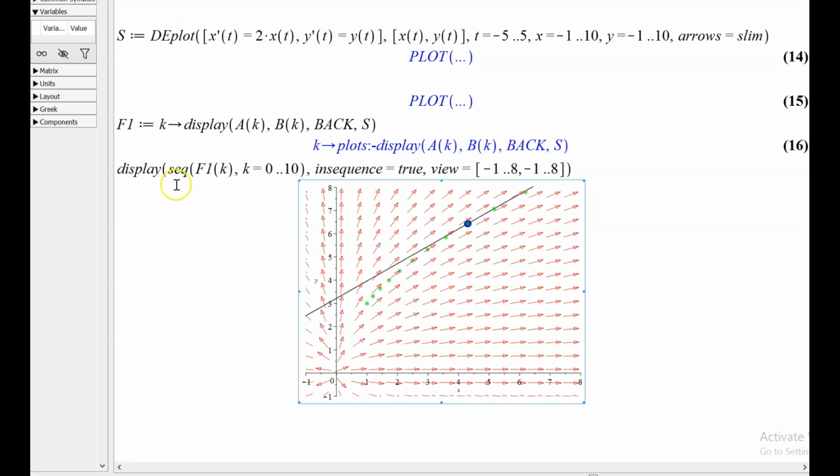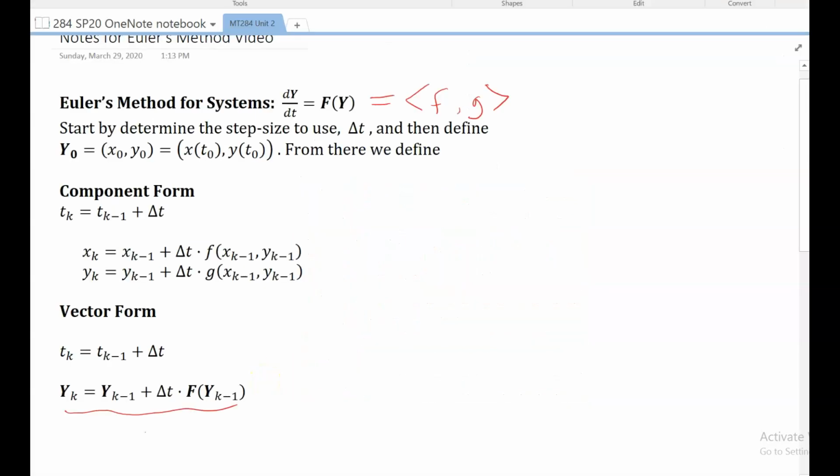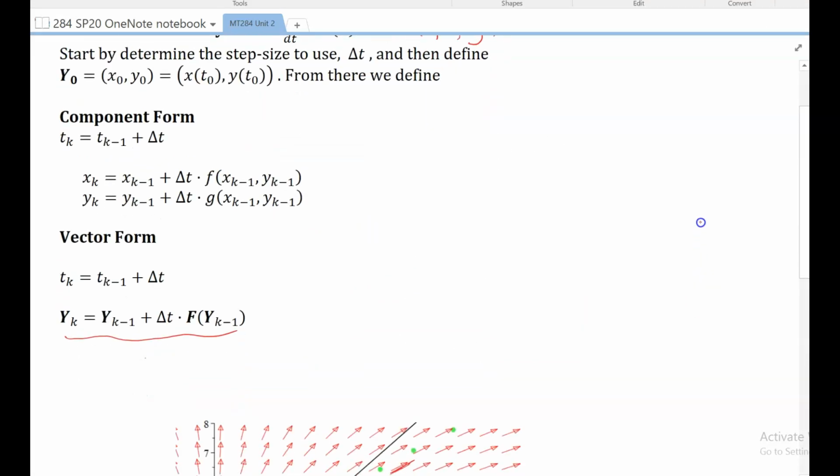That's because the strength of the vector field is different at different points in the phase plane. Even though these arrows in Maple have all been scaled to the same length, that's just for viewing purposes. The value of the vector field changes, and therefore the magnitude changes as we go forward.